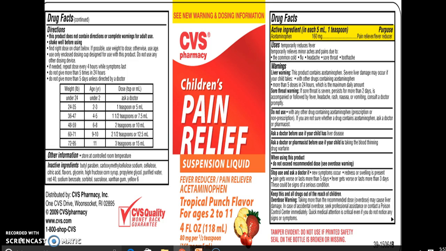Acetaminophen also has that particular type of effect, and so if you take this particular drug with warfarin, it can lead to internal bleeding. When using this product, do not exceed the recommended doses, and stop use and ask a doctor if you find that the drug is not working. And then, of course, the warning of keeping this particular drug out of the reach of children, and what to do when there is an overdose.